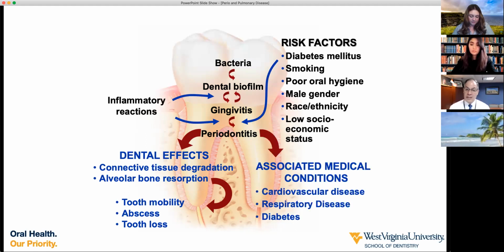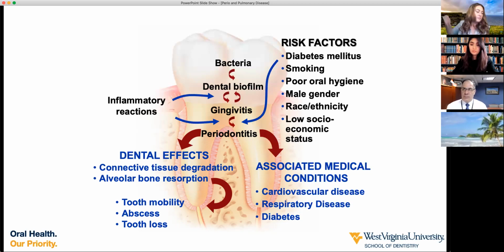However, there are associated medical conditions that have been identified in the literature over the last 30 years that are related to periodontitis. And the strength of these relationships varies depending on which one you're looking at and the level of evidence.